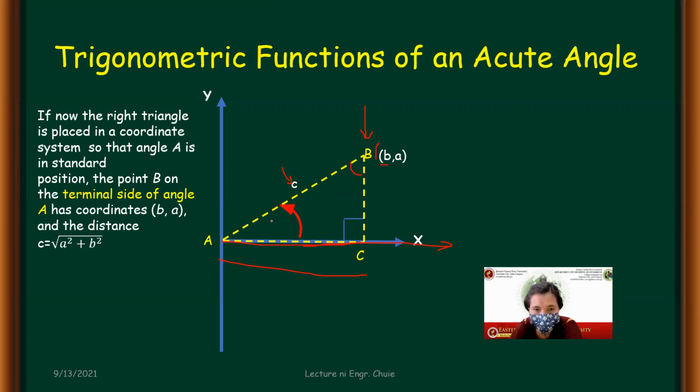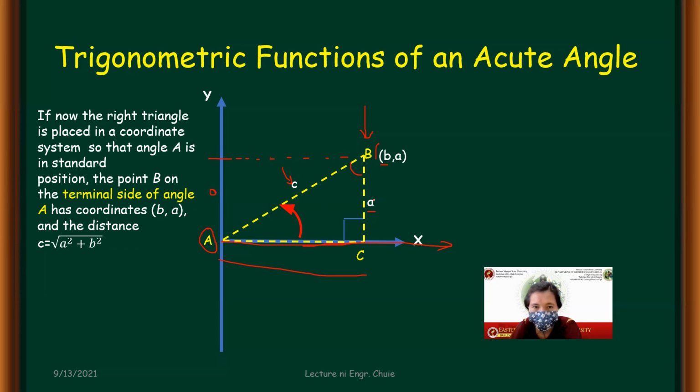If this is the angle here, this is A, since this is the angle, its opposite side is a. This will be the value of y. This is the projected value of B on the y-axis, that is equivalent to a.